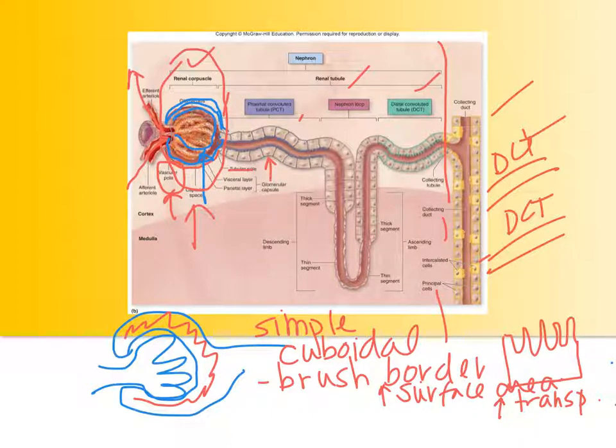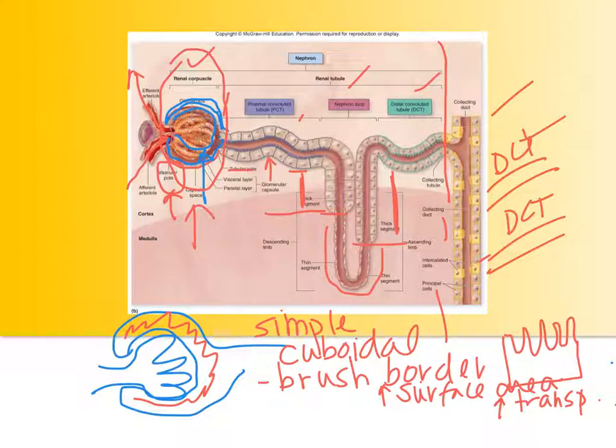The nephron loop is unique because of the way that it's formed. It has two different segments, a thick segment and a thin segment. So here's thick. It's thick from here to here and down here, and then it's thin down here.